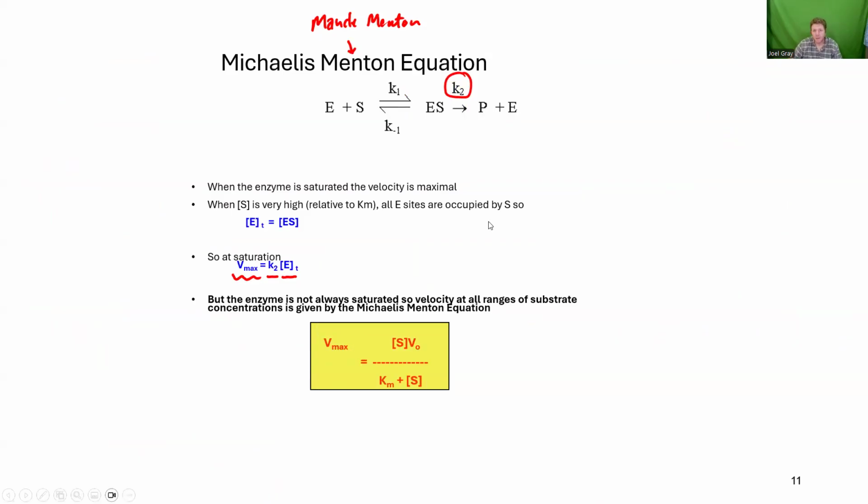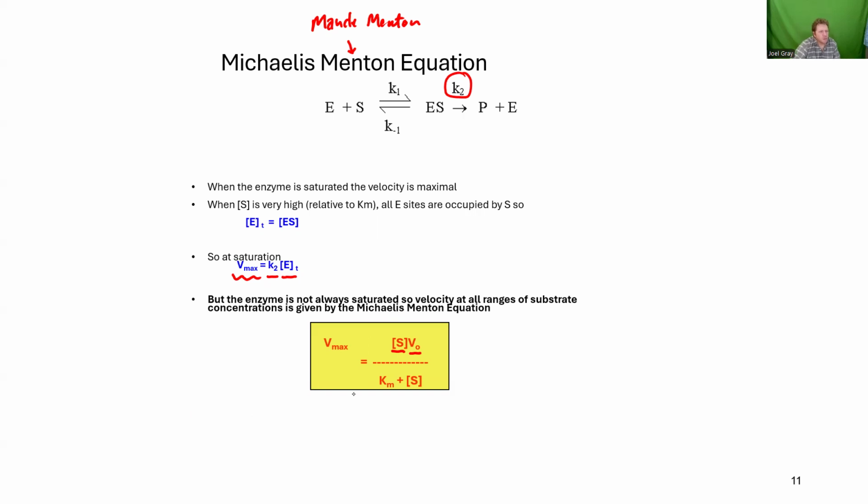So your velocity V sub 0 is equal to Vmax times your substrate concentration divided by Km plus substrate concentration.